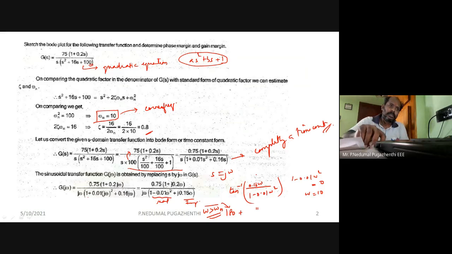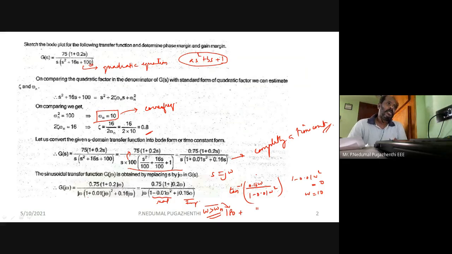So the significance of this particular problem is how to choose a corner frequency, which we have done, and the second thing is how your angle equation varies. That is being explained now.